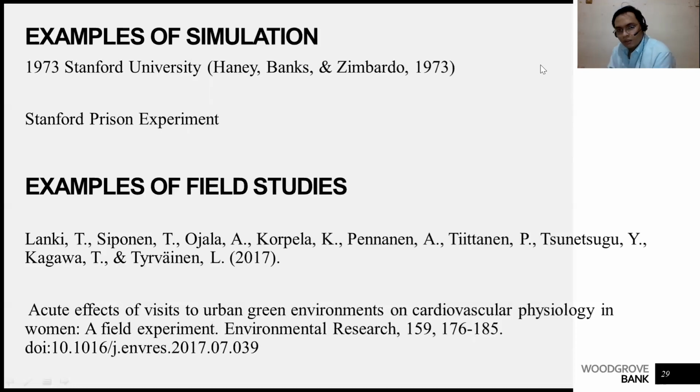The next example, of a field study, is the acute effects of visiting urban green environments on the cardiovascular physiology of women. In this one, they measured different kinds of women with tools measuring their heartbeat, or heart rate.